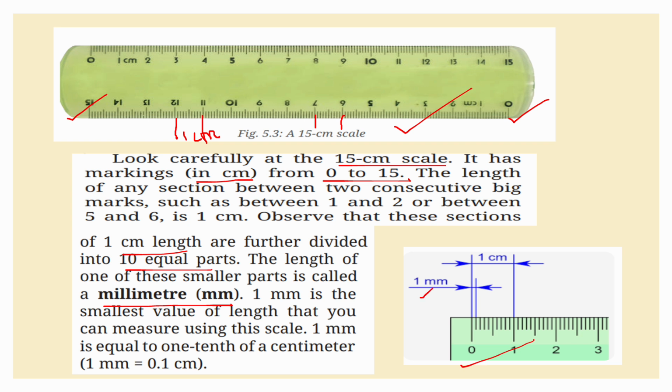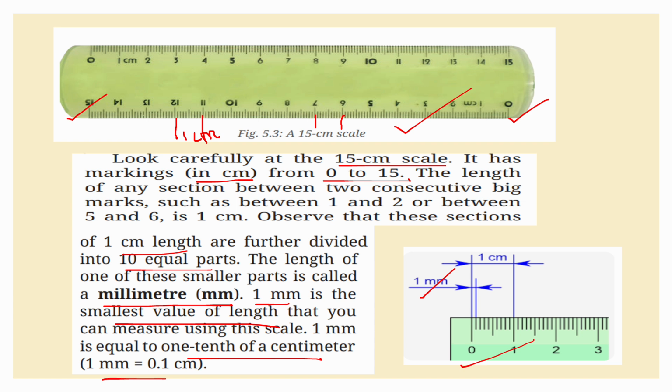1 millimeter is the smallest value of length that you can measure using this scale. 1 millimeter is equal to 1/10 of a centimeter. That is, 1 millimeter is equal to 0.1 centimeter.